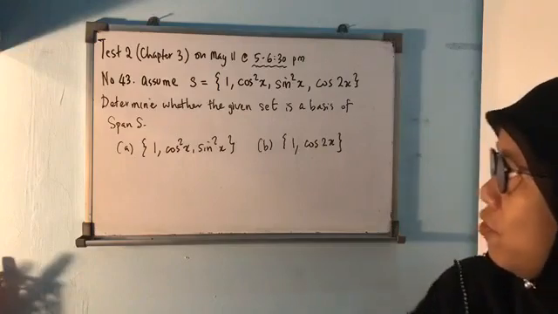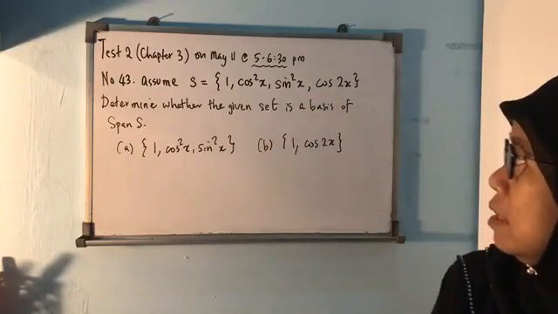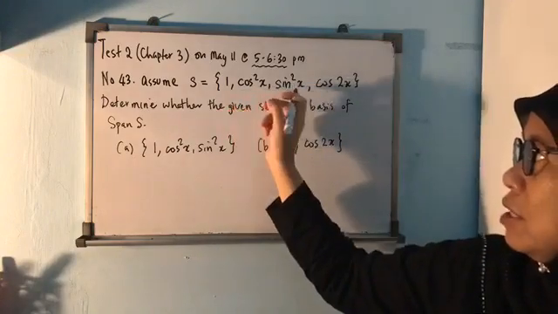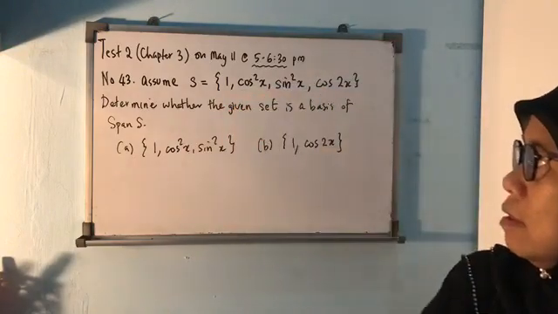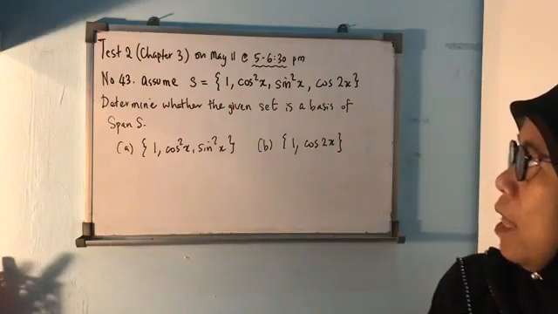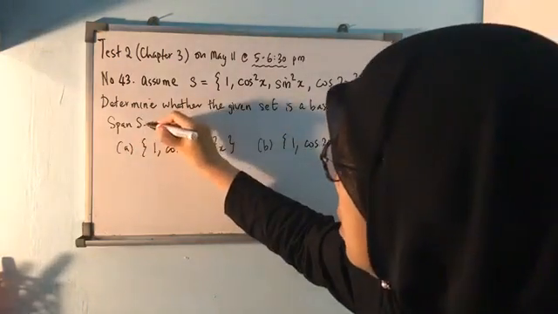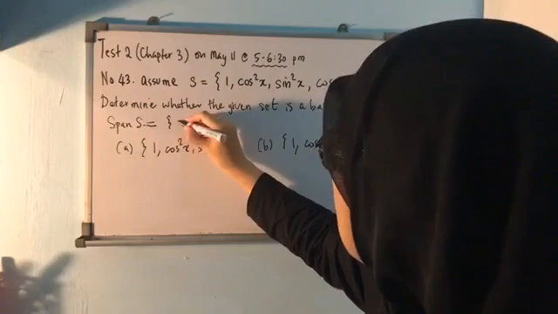For whatever x you put in, this will give a number. You remember the function has a domain and a range. And span S is the linear combination.